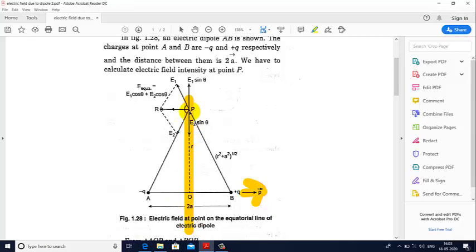So we will take a point P on this equatorial line and calculate the value of the electric field due to this dipole.